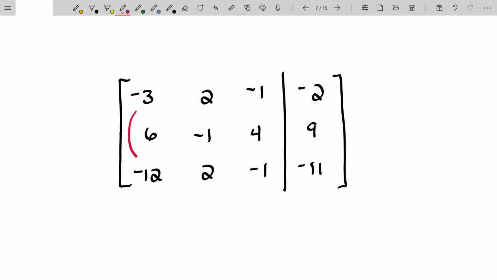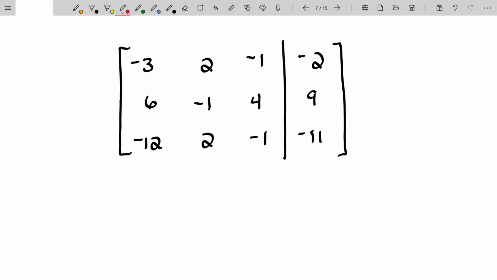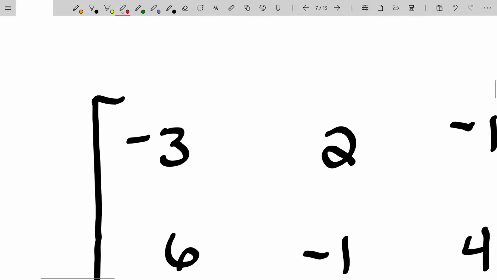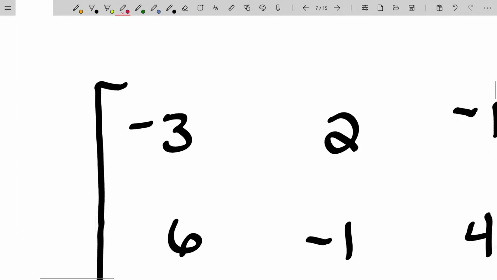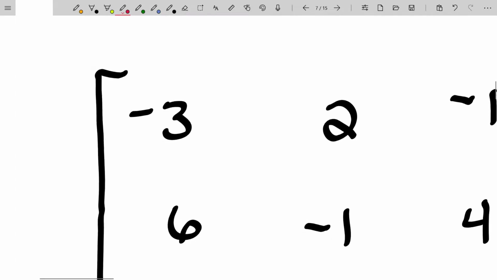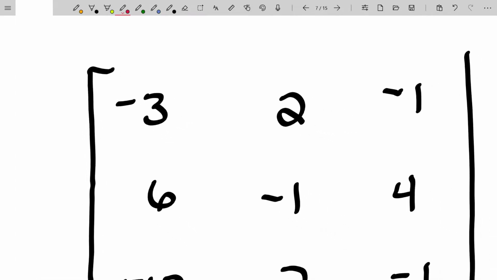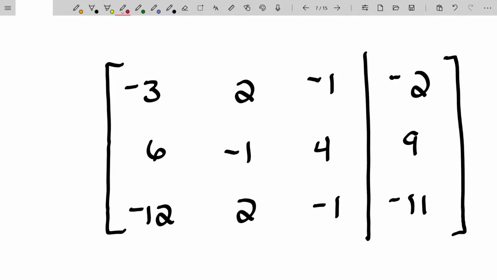So the very first thing, a lot of people, when they are learning this method, they're told to force this first coefficient to be a 1 because that's what you want it to be in the end. But actually, it's probably a bad idea in some cases. Some cases can actually be fine, but I will only force that to be a 1 if doing so does not create fractions.